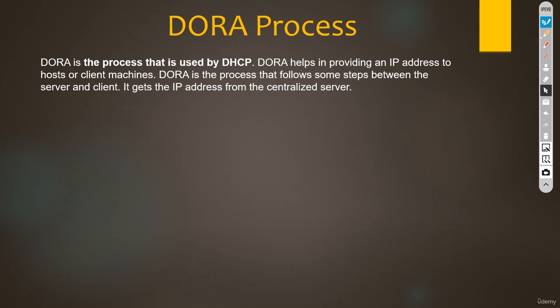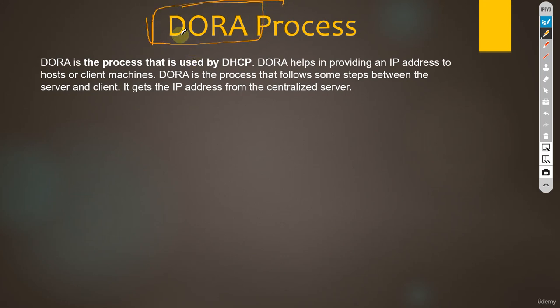But can you imagine how this whole process happens behind the scenes? How does our client machine know about the DHCP server and vice versa? The process that runs behind the scenes is known as the DORA process.